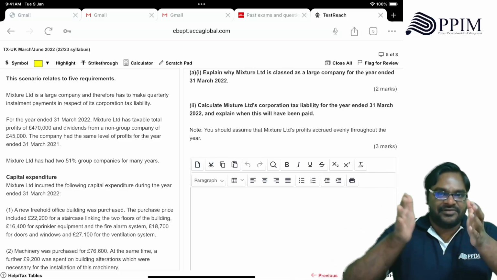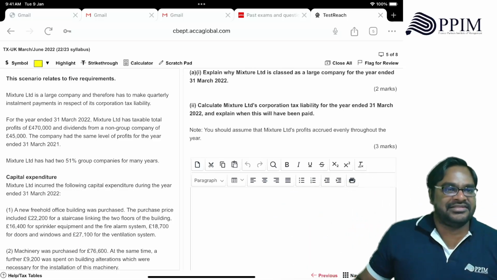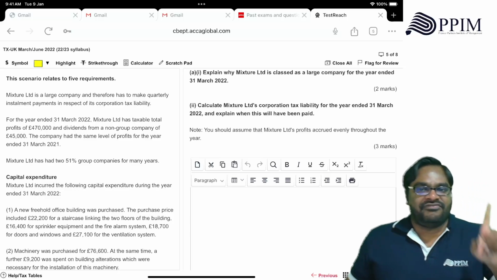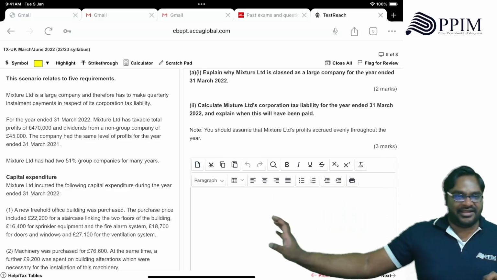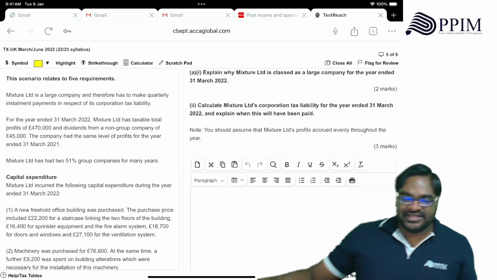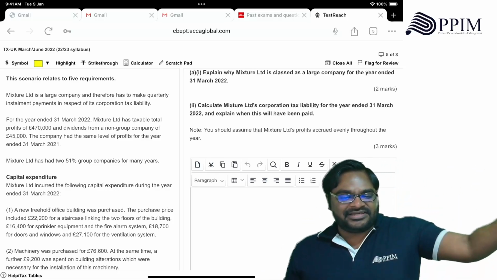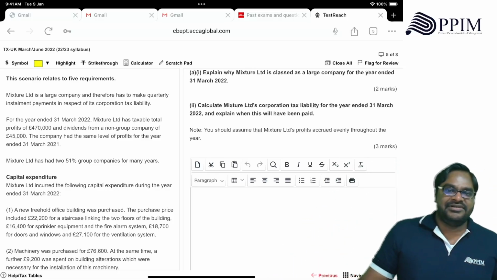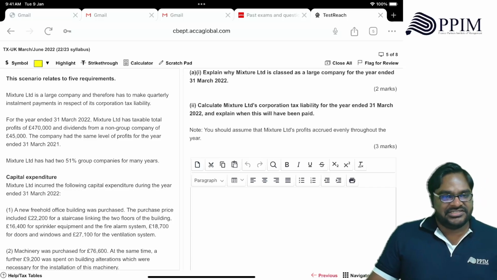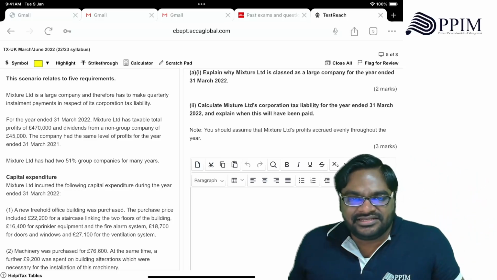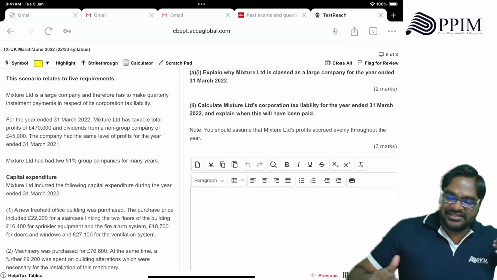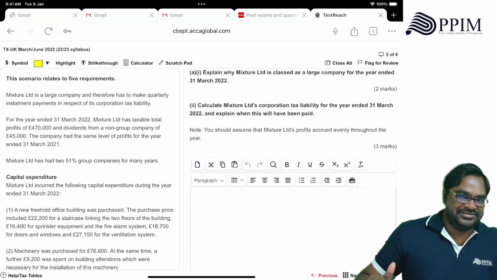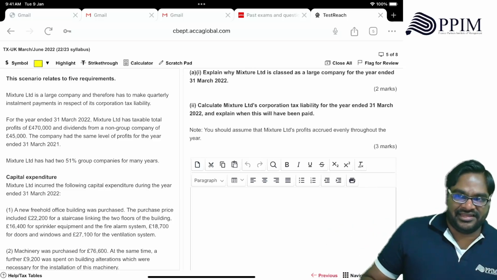If so, this 1.5 million is split among the 3 companies. So for one company, it will be 500,000. First of all, he explained that. Good. After that, he explains, okay, the TTP plus the non-group dividend, which is the augmented profit of Mixture, is going to exceed the 500,000 limit. And that is happening in the previous year as well. Correct?